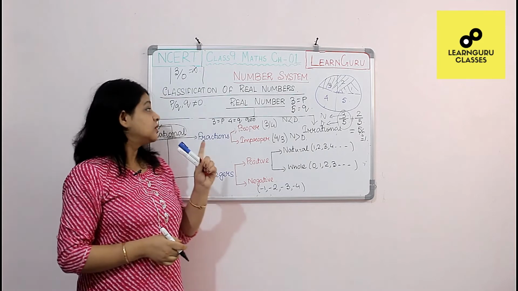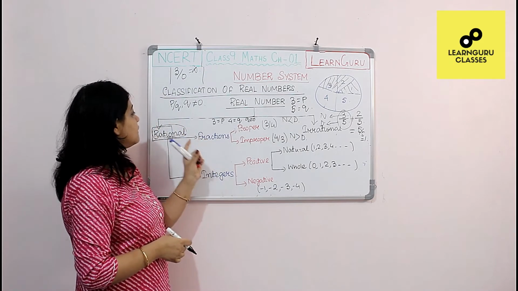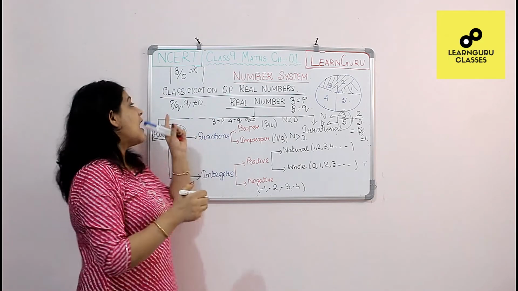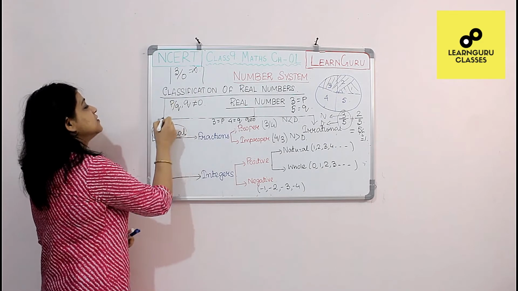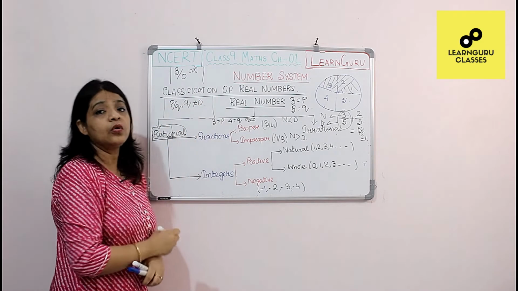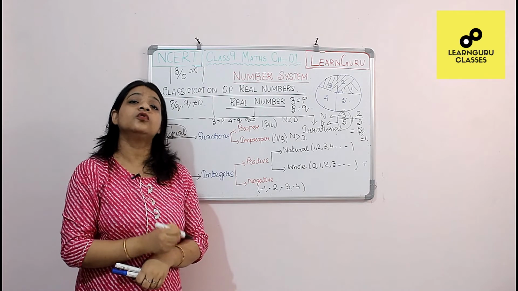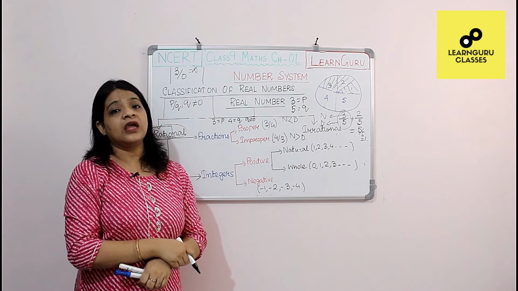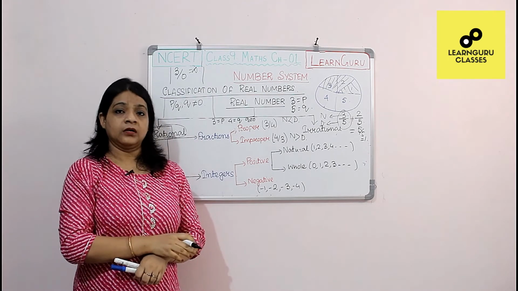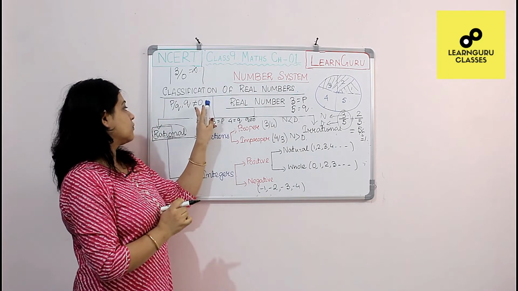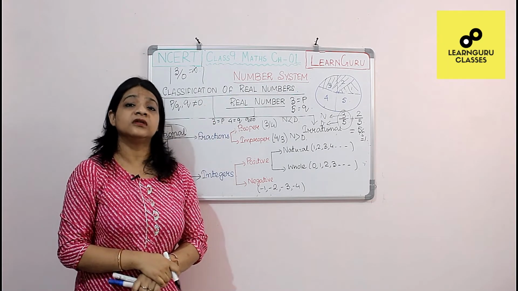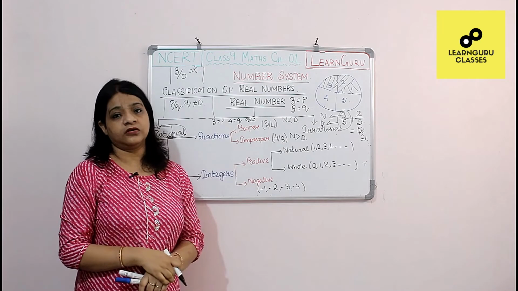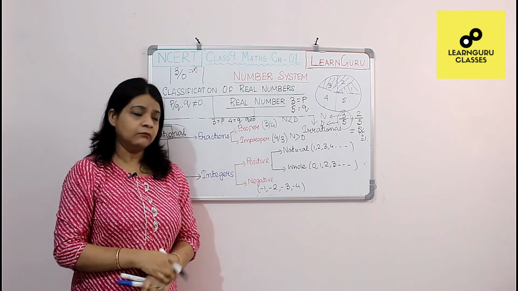So special emphasis should be given that any number represented in the form of P by Q where Q is not equal to 0 is called a rational number. So Q not equal to 0 should be written. This is the explanation for this.